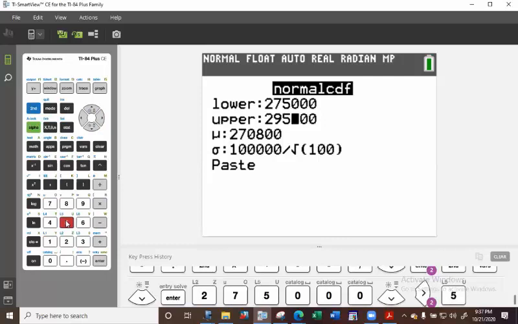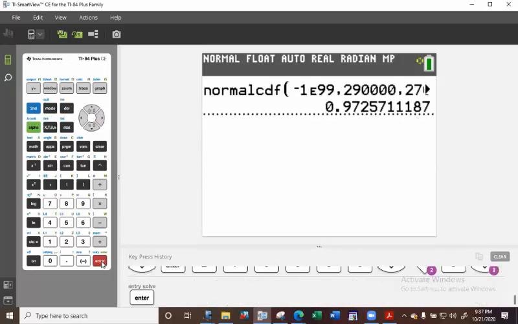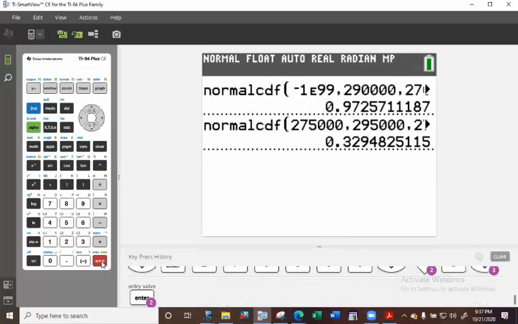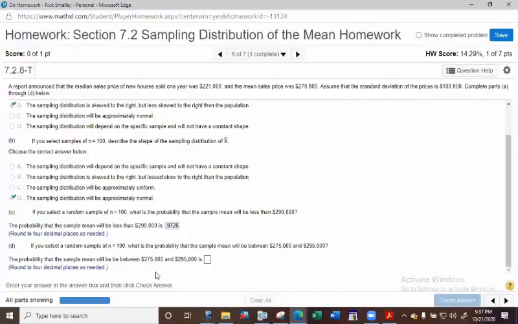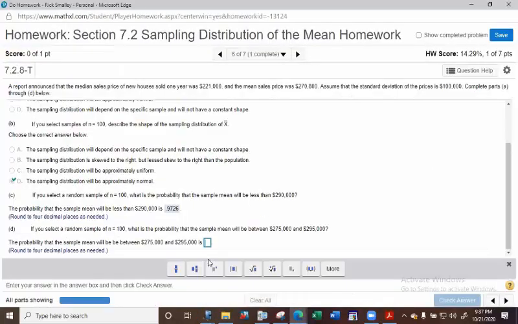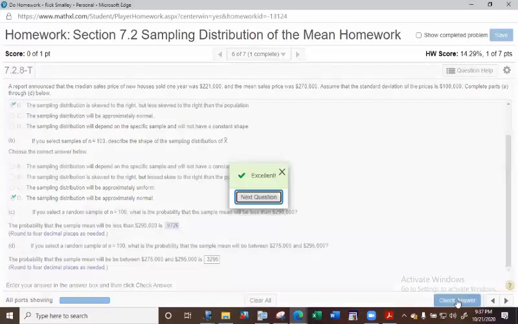They could have changed the n if they wanted to, but they did not change the n, so it's still 100. That means I can leave everything else alone. Let's try this. 3295. Let's see how we do there. Tremendous. That's wonderful.